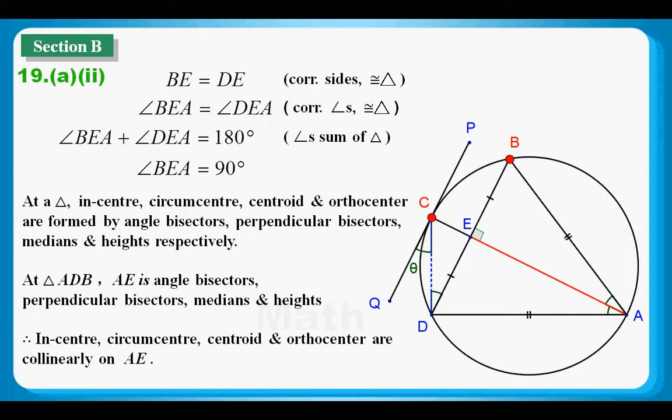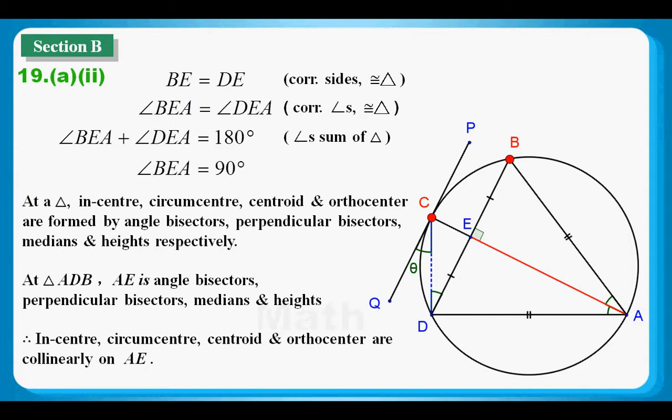The incenter, circumcenter, centroid, and orthocenter are formed by angle bisector, perpendicular bisector, medians, and heights respectively. In triangle ABD, AE is an angle bisector, a perpendicular bisector, a median, and a height.